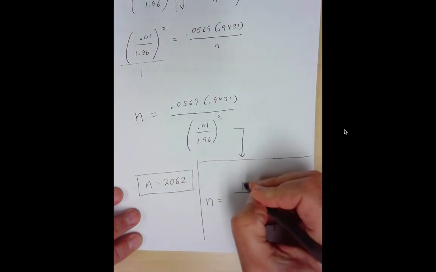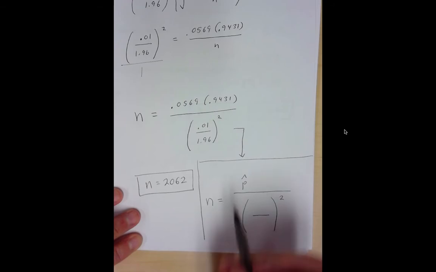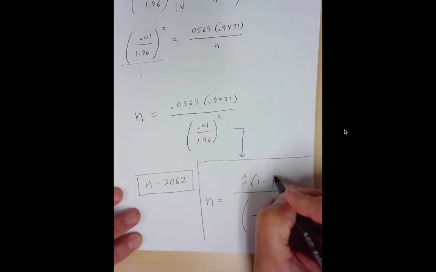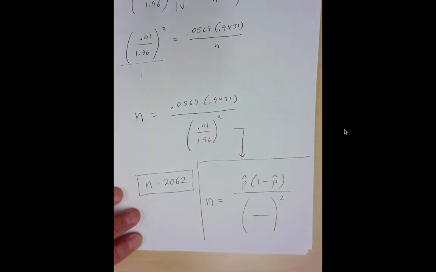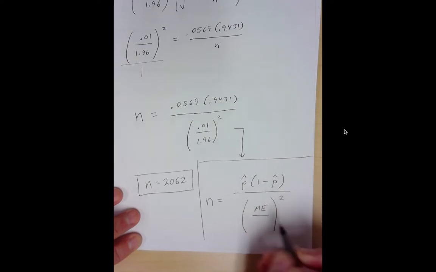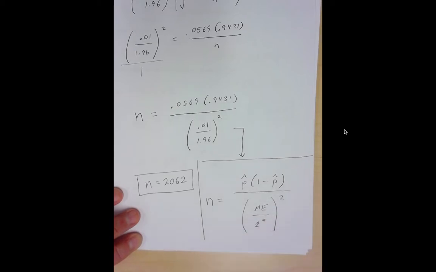That was my p hat. What role did the 0.9431 have? That was 1 minus p hat. 0.01 was what? My margin of error. And the 1.96 was the z critical. It's 1.96 because it's a 95% confidence interval. But if I wanted a 90% confidence interval, I would put 1.645 there. All right.